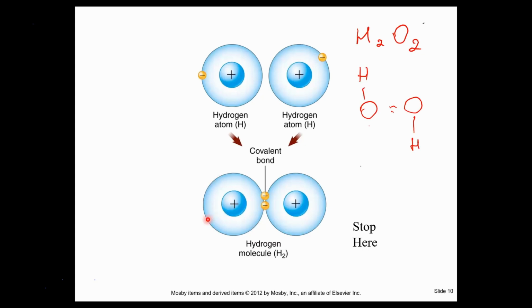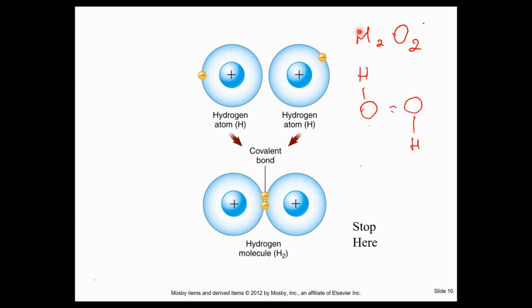It's like the early Christian church. Everything was shared, right? In the book of Acts, we read that. And this is actually a very strong bond. It's not like the ionic bond. Here you can see an example where two of the same element form the bond. Now we have the hydrogen molecule here.